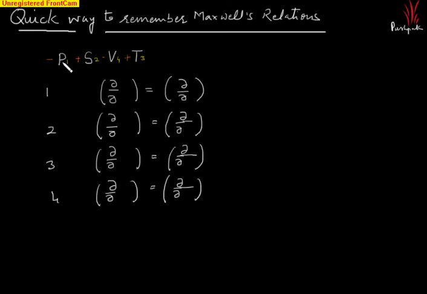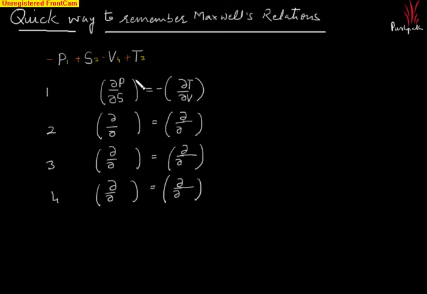We will start from pressure, entropy, volume, and temperature, but the equation will start with these numbers. So the first equation will start with pressure. Let me put here pressure P, then we have to put entropy, then volume, and temperature. Since this equation is starting with P, which is negative, I have to put a negative sign here.